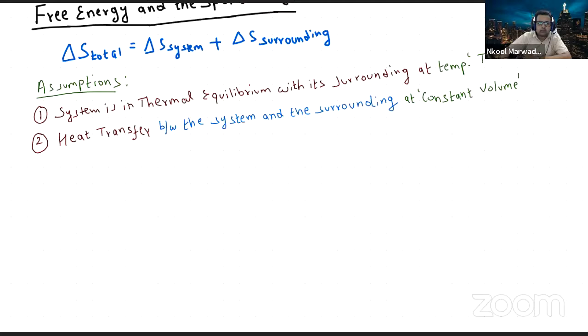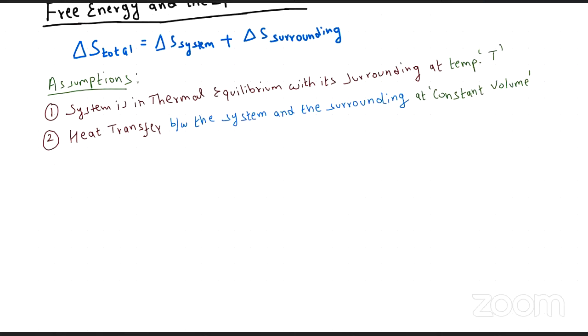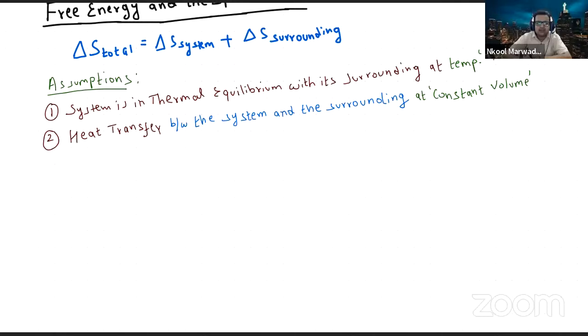Now the third assumption. Instead of writing all this, we should have written isochoric process. Nice observation. So third assumption: heat transfer between the system and the surrounding happens at constant pressure.